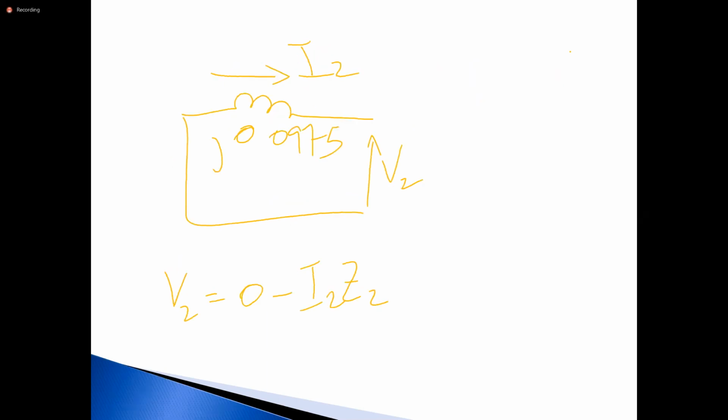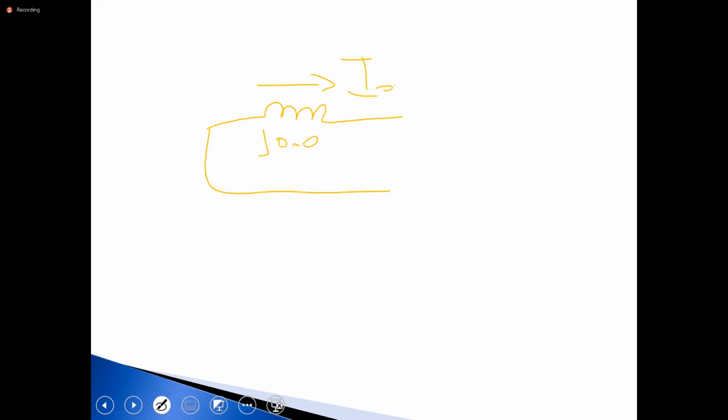All right. And then for the zero sequence, that would be I0. And then we had here 0.057, I believe. All right. So it will be 0 minus I0 Z0. And that would be your V0. That's V0.